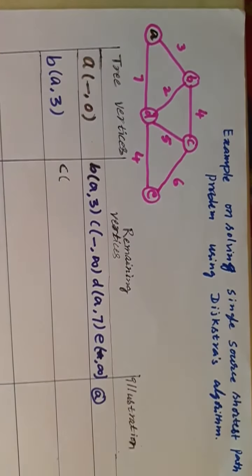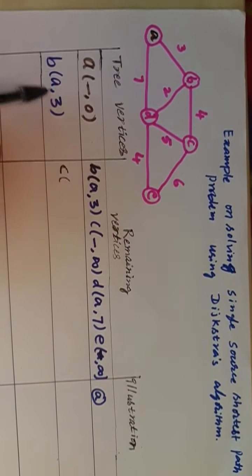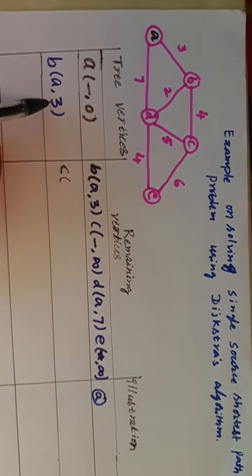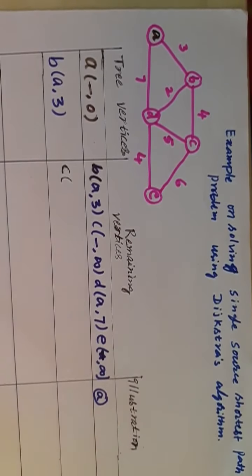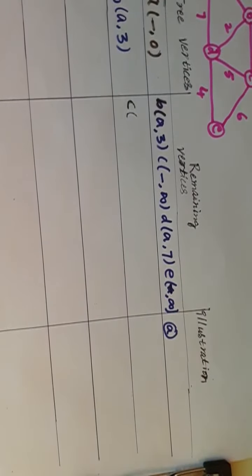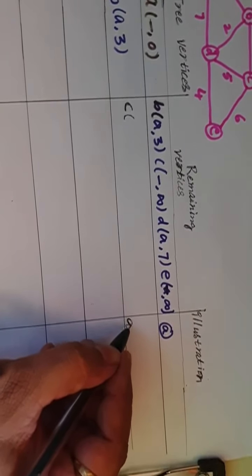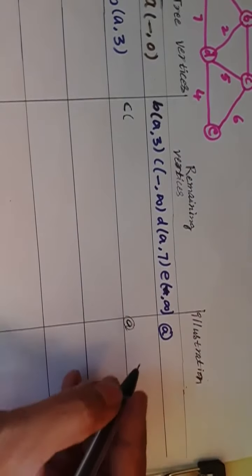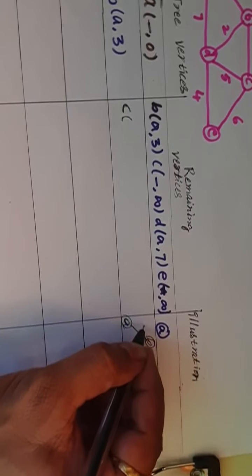In the next step, from the remaining vertices choose the vertex with the least cost, that is b of a comma 3. B of a comma 3 is selected and inserted into the tree. So now a to b is inserted, and the a to b cost is 3.